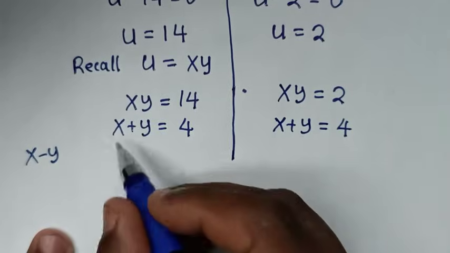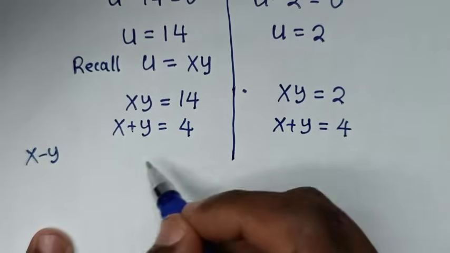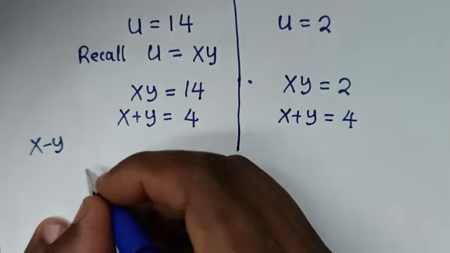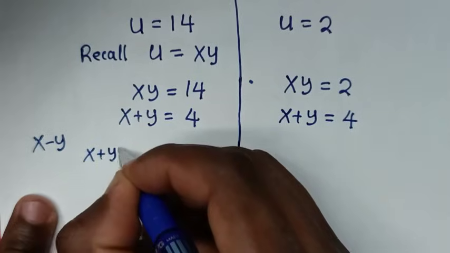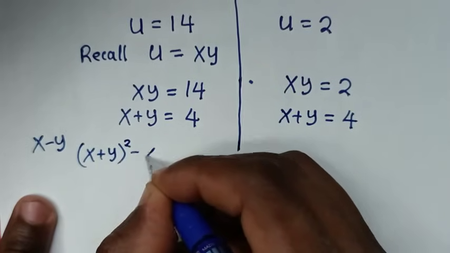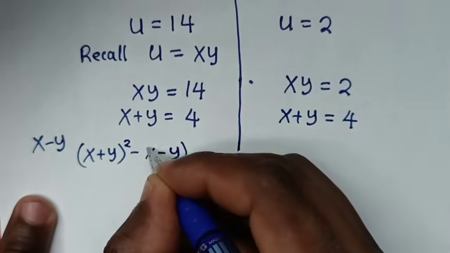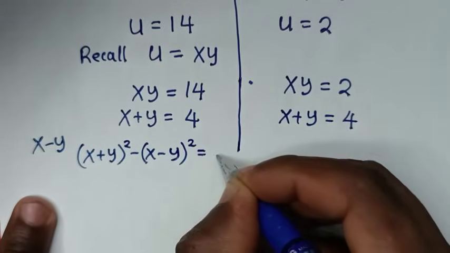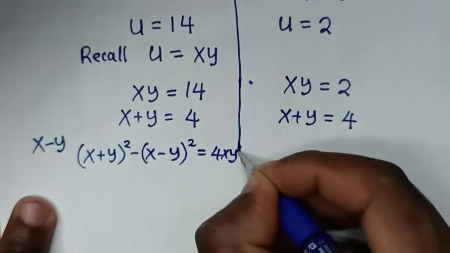Now from these two equations, we'll apply the algebraic rule, which is (x plus y) squared minus (x minus y) squared is equal to 4xy.